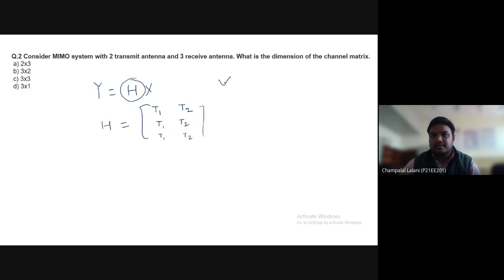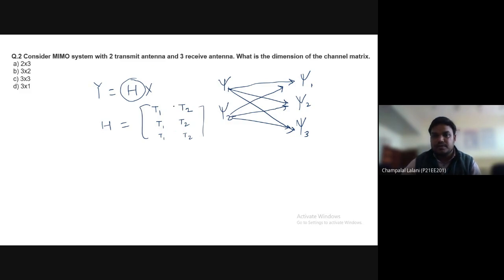Suppose you have 2 transmit antennas and 3 receive antennas. Transmitter 1 and 2 will each transmit their signal to all of the 3 receivers, giving links 1 to 1, 2 to 1, 1 to 2, 2 to 2, 1 to 3, 2 to 3. So here we can see that there are 3 rows and 2 columns. So the order will be 3 cross 2. The answer is 3 into 2.